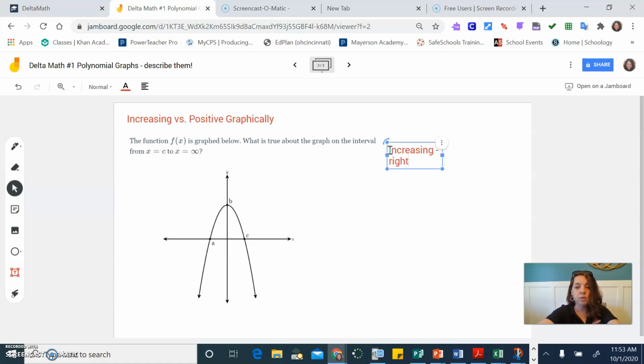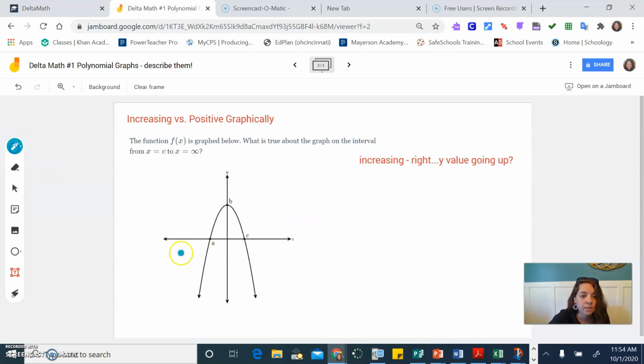But as you go to the right, so that's x going to infinity, or x getting bigger, is the y value getting larger? Okay, that's how you know if something is increasing. As you go to the right, the y value goes up.